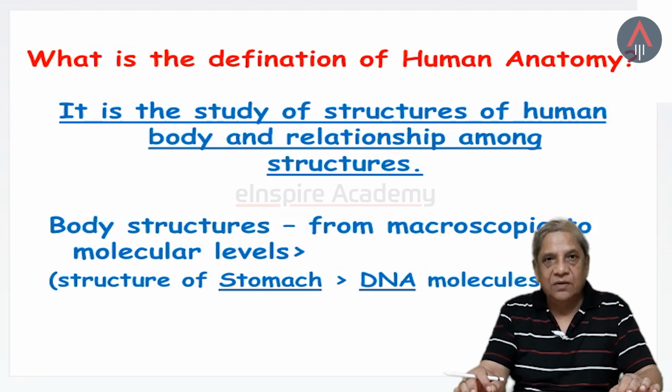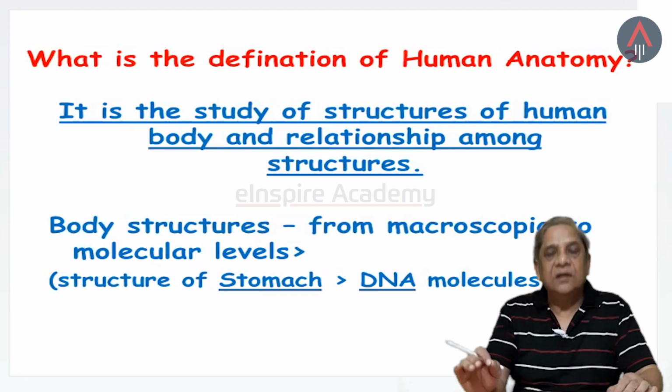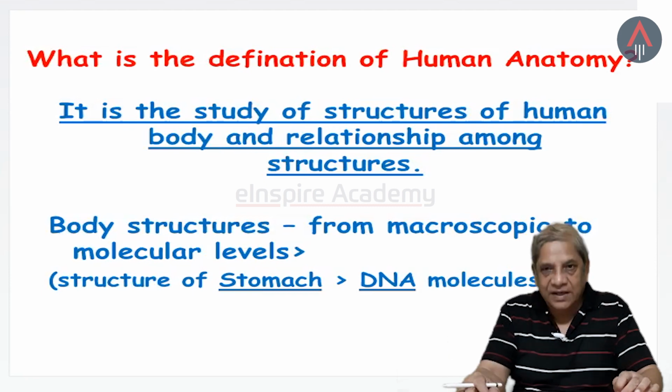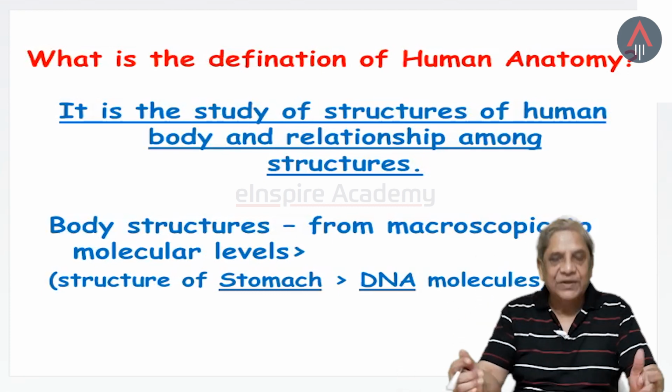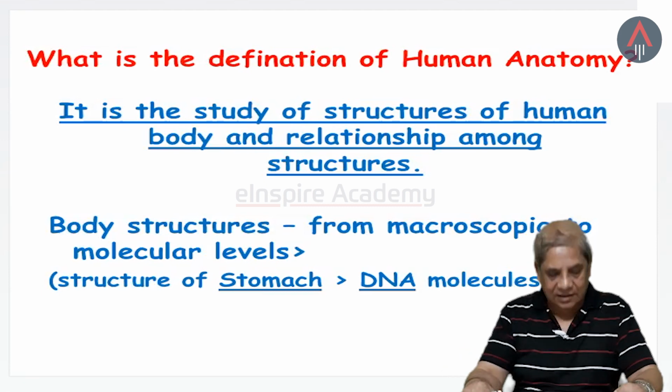So right from the structure of the human body, which you can see by the naked eye, to what you cannot see even by the microscope. For example, the molecular structure you cannot see directly; it has to be seen indirectly. That is a different subject.